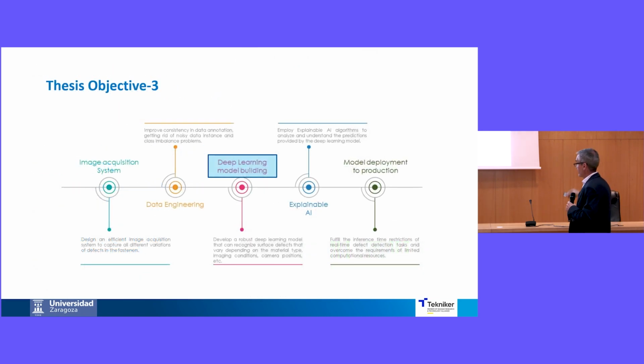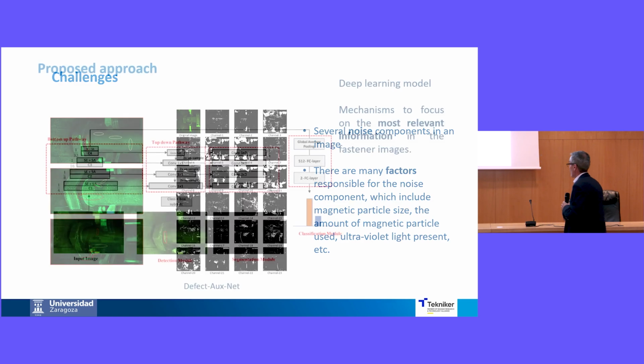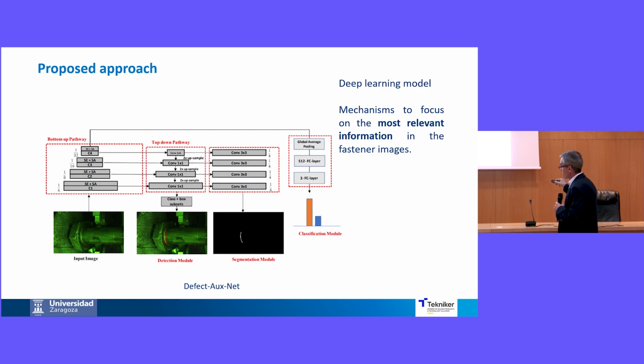The third step is to develop the model using deep learning techniques. Defects are very different, and there is also a lot of noise in industry, in reality, and it is not easy to detect and classify these kinds of defects. So he was working a lot trying to improve different deep learning models that are in the state of the art.